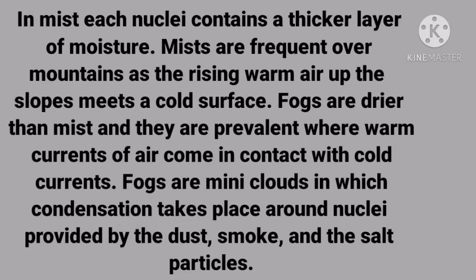According to the meteorological practices, such a phenomenon is a mist when the visibility is less than 2000 meters and exceeds 1000 meters, but becomes a fog when the visibility falls below 1000 meters. So the visibility is the difference between mist and the fog.